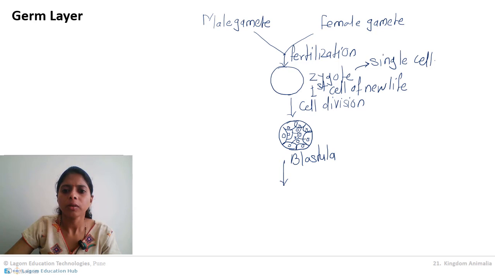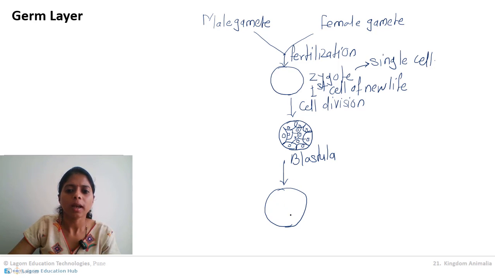When the blastula goes a little bit ahead in its development, the cells in the blastula rearrange themselves. Some cells go to the peripheral region, some cells stay at the middle region, and some cells come at the central region.